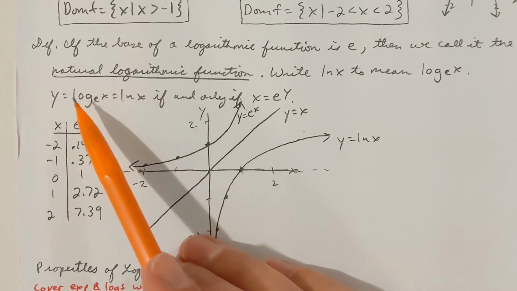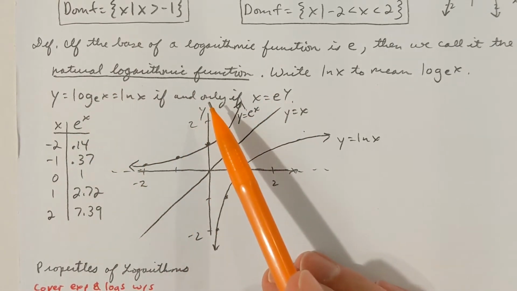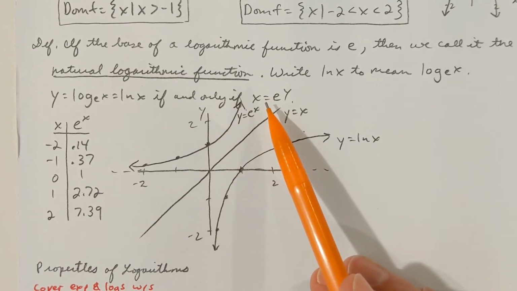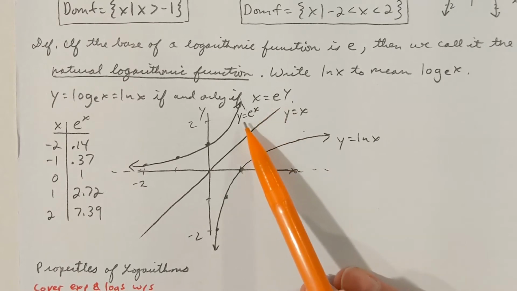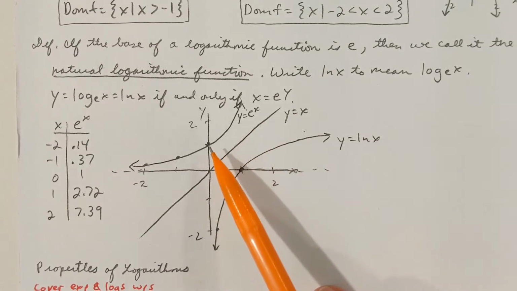Here's that definition for when this number a happens to be e. So if I want to graph x equal e to the y, I would have to graph the inverse of y equal e to the x. Inverse is all about switching x and y.